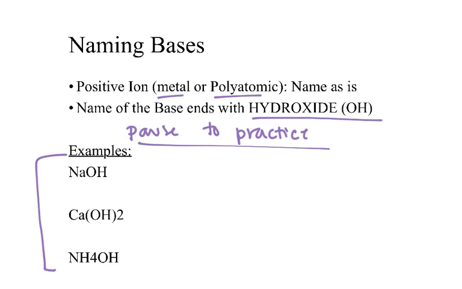Okay, so our first one, we have NaOH. So our positive ion here is Na, and if you remember from your periodic table, that is sodium. So we're going to start with sodium, and then we're going to end it with hydroxide. Pretty straightforward here. Next, we have calcium, OH2, so it's going to be calcium hydroxide.